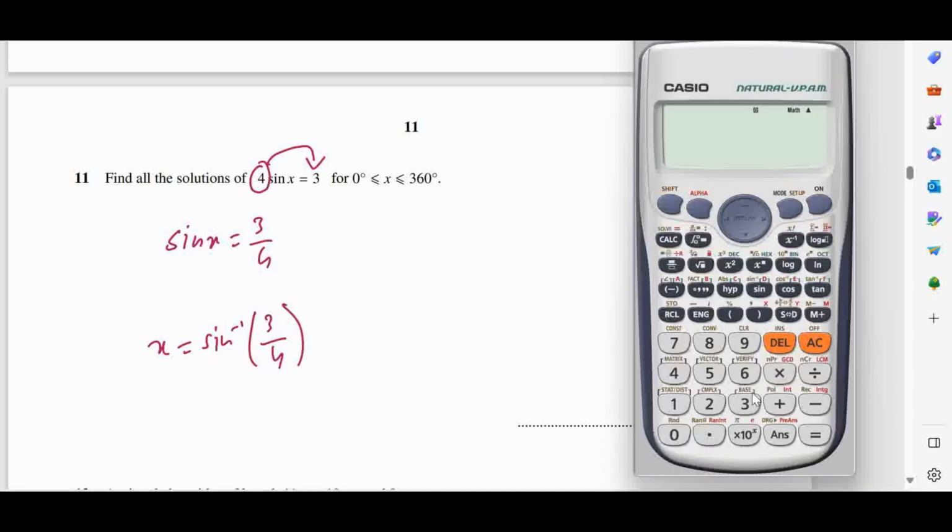Now 3 divided by 4, sine inverse of 3 by 4, will be equals to 48.59.